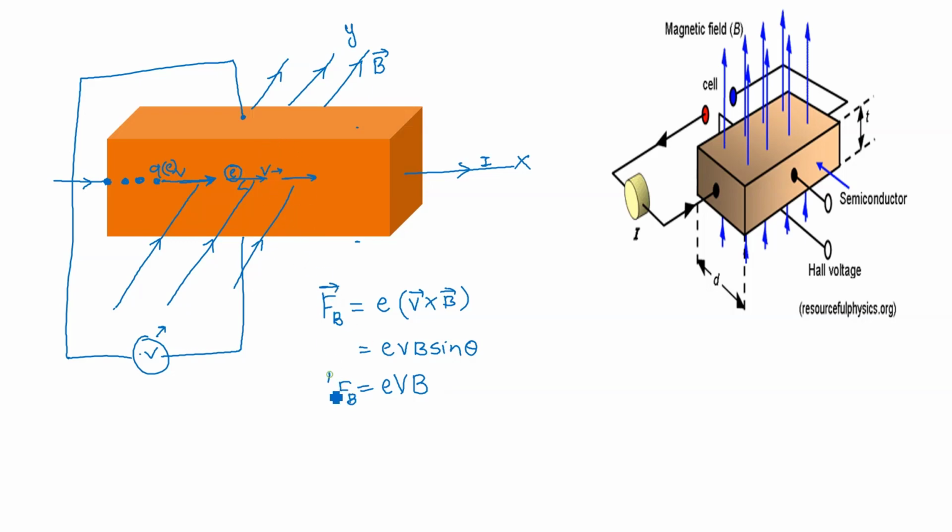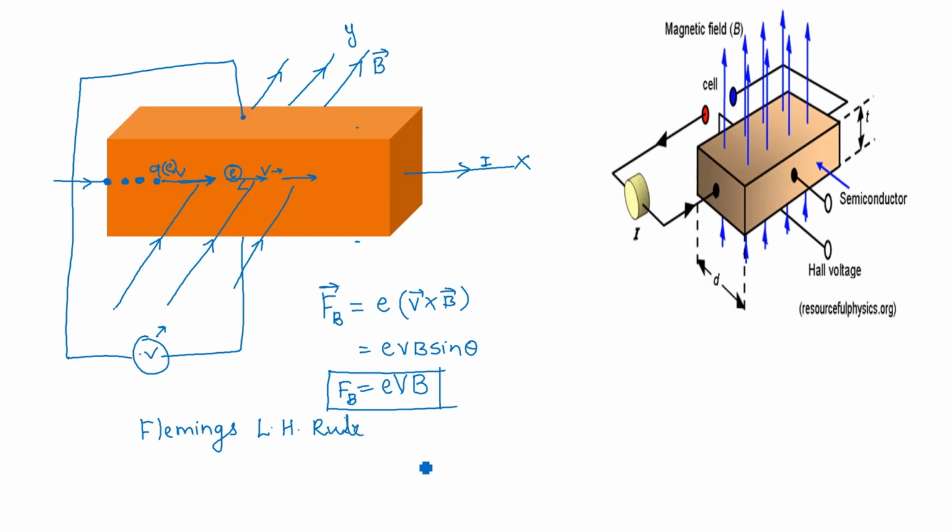Now in which direction does this force act on the charged particle? Do you know how we can find that? We can find the direction of force by using Fleming's left hand rule. What does this rule say?